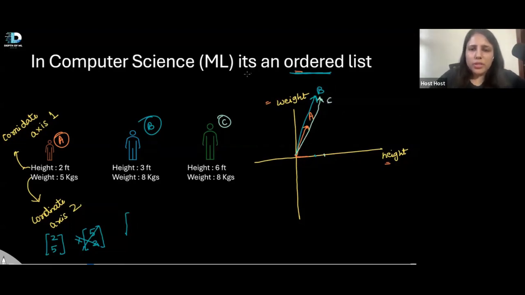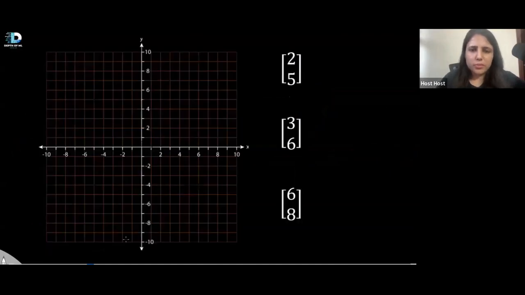In computer science, these vectors are usually considered an ordered list. So this is clear to us. I'm going very basic on this. I'll draw these vectors that I already drew for you. 2, 5. Should I actually come to this slide and do that?